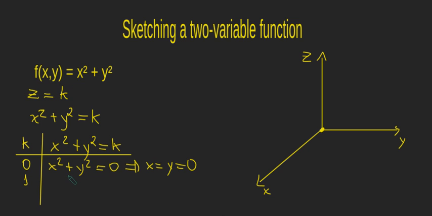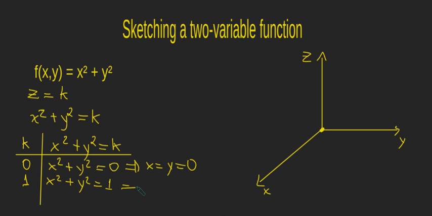Let's try now k equals 1. For k equals 1, we have x squared plus y squared equals 1. There is not just one x or one y that solves this; there are infinite answers.